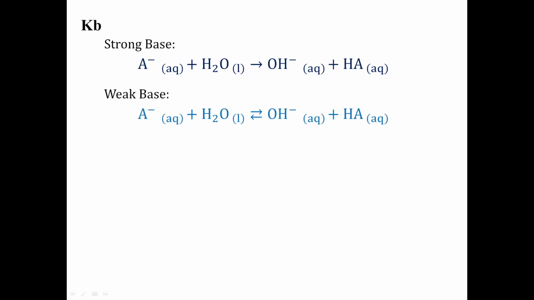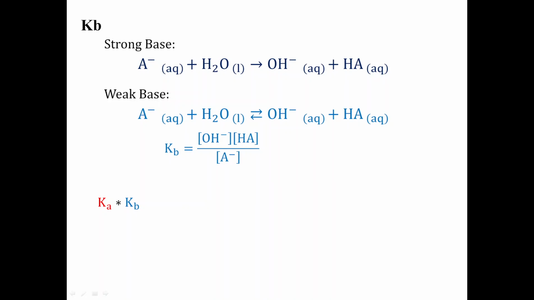If we have a weak base, this is where we have to consider our Kb value because both the forward and reverse reactions occur. Kb is equal to the concentration of OH minus times the concentration of our conjugate acid, divided by the concentration of our base.